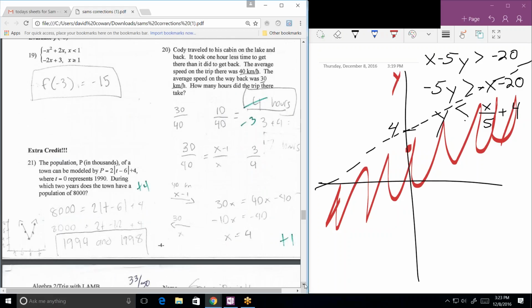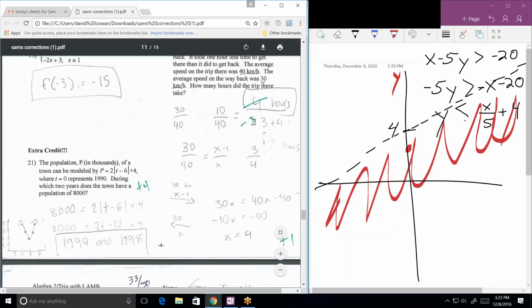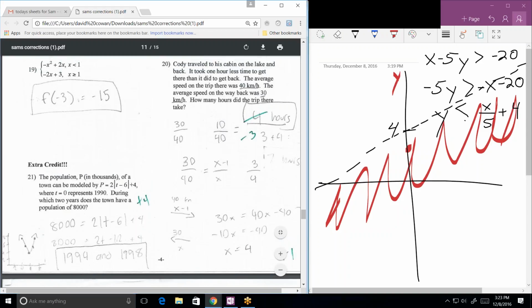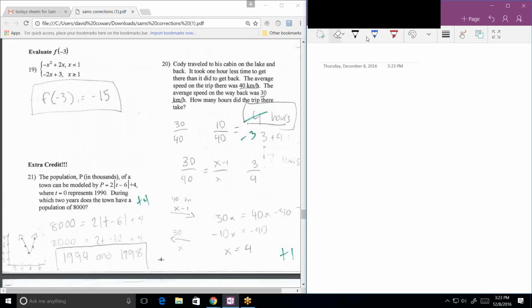It says plus 1 at the bottom and plus 4. Oh, because these are extra credit. It's number 20 extra credit? Well, it's got a minus 3. I see. The minus 3 combined with the plus 4 gave you plus 1. Okay, so maybe not. Okay, let's do number 20.